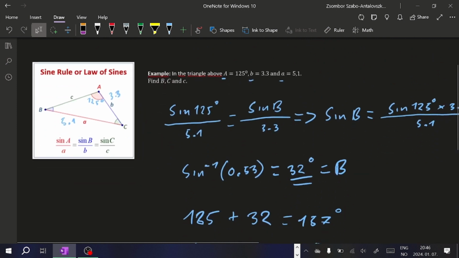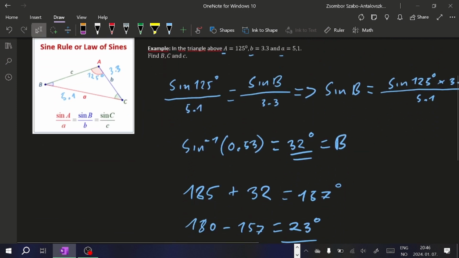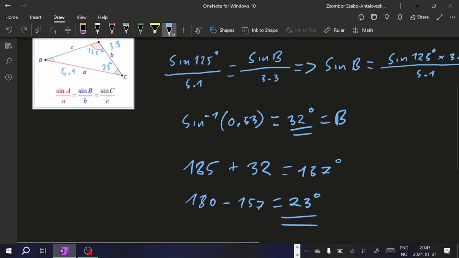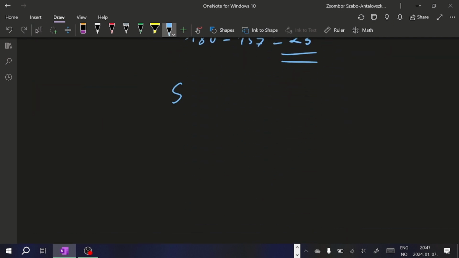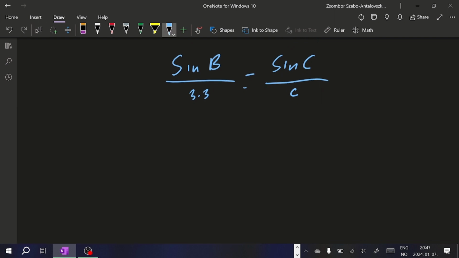Now, last but not least, they wanted to find side c. Now that we know that this angle is 23 degrees, that's good news, because then we can just apply the sine rule again. So sine of B divided by 3.3 equals sine of C divided by something that we don't know. But we can substitute everything else.